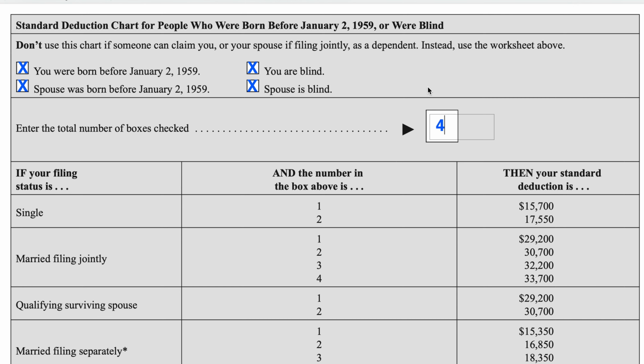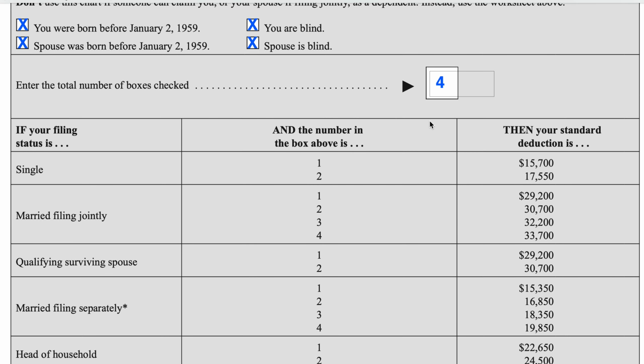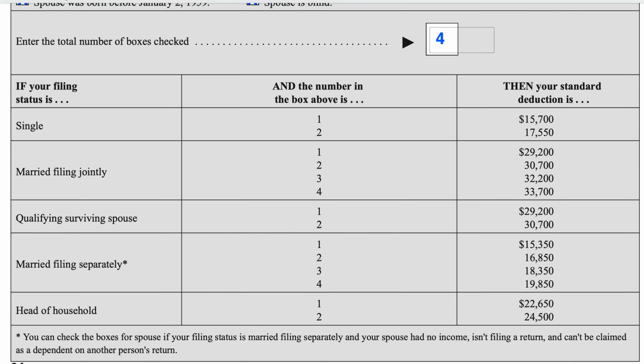So this one's a little bit more straightforward because you don't need to do any calculations. You simply go to the form and you look at what appears based on your status. So John and his wife are married filing jointly. They put 4 in their box, so their standard deduction is simply the $33,700.